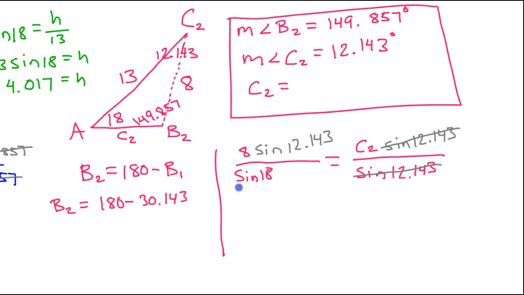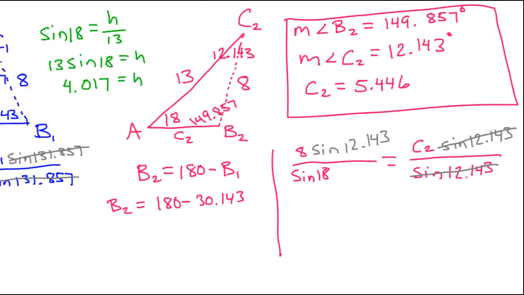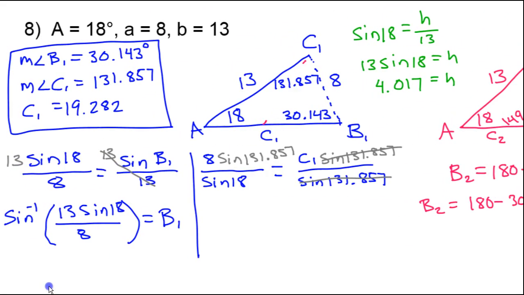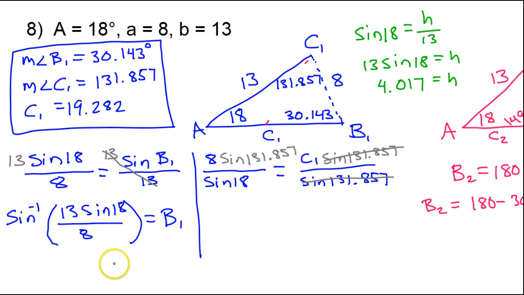So just put all of this in your calculator at once. So that is 5.446. And there you have it. We have solved the red triangle and the blue triangle. So we found both solutions for problem number 8.